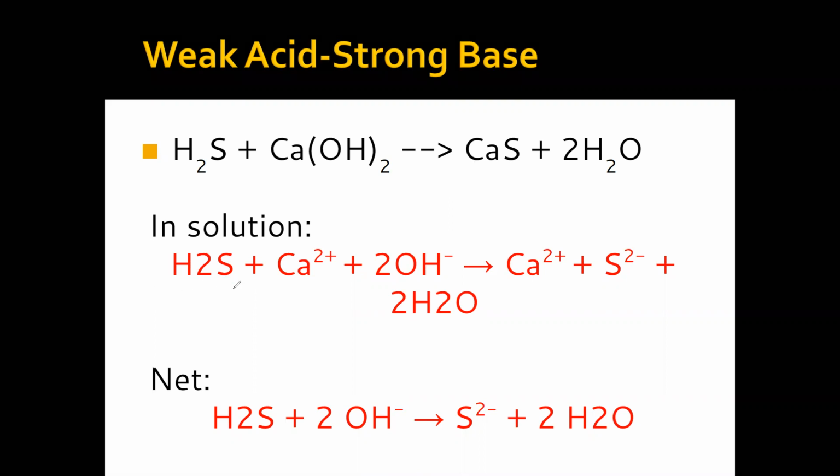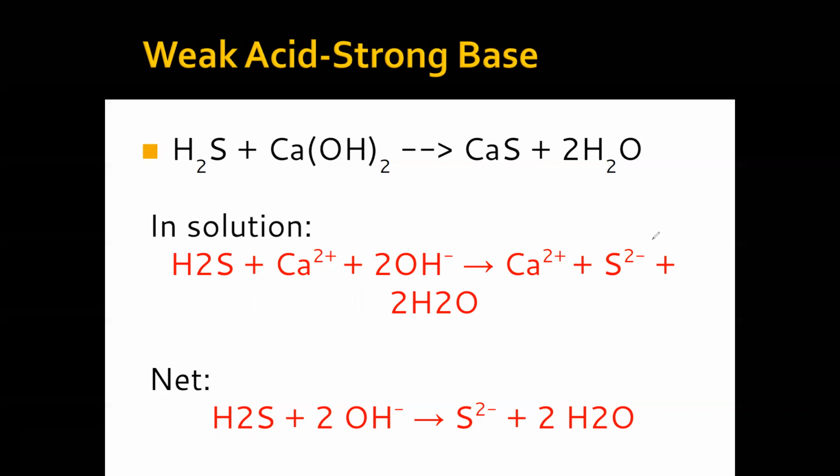It does a little bit. And we have calcium hydroxide, which actually does, because calcium is one of those exceptions for hydroxide in terms of solubility. And then on the right side, we have our CaS, which is a salt, and therefore it's going to ionize in solution and water.